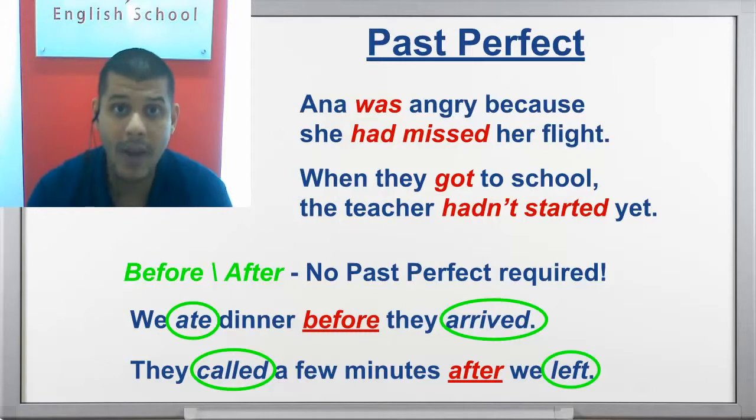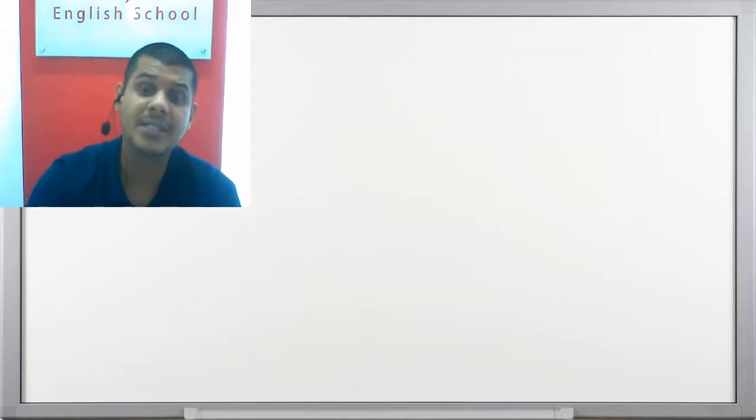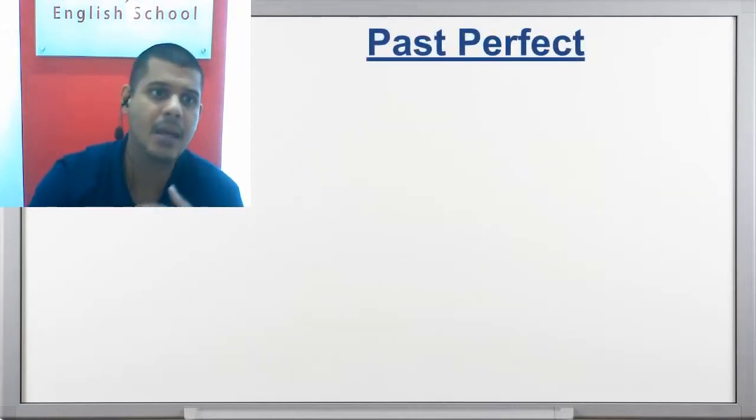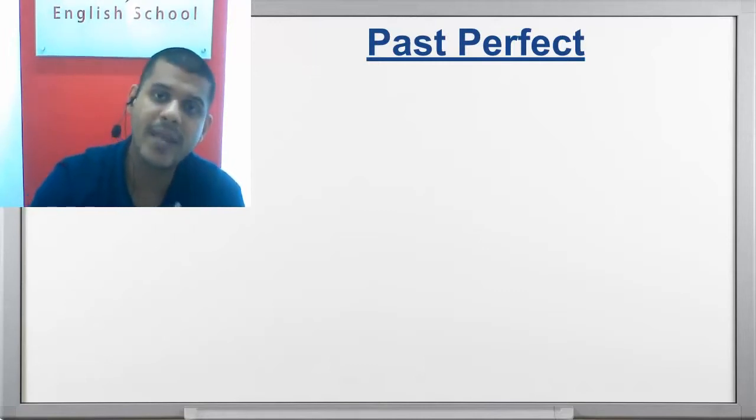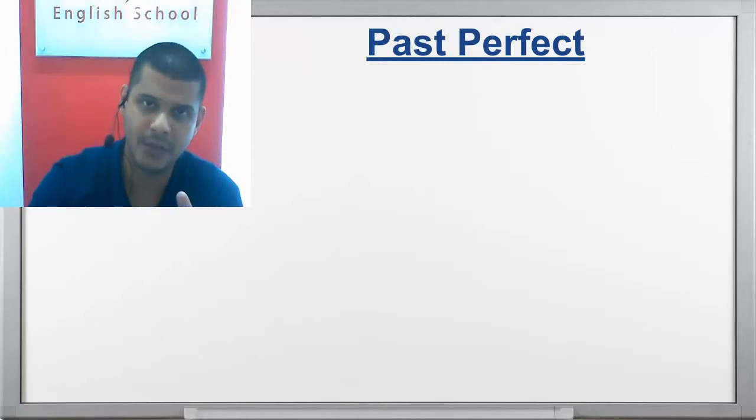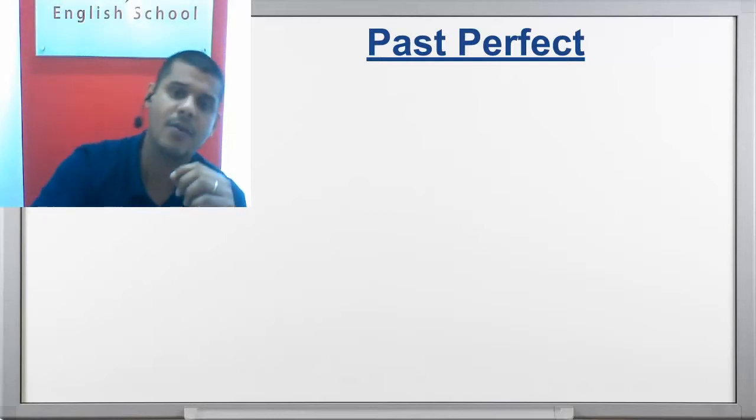Alright? So remember, when I use before and after, it's not necessary to use the past perfect. It's not an obligation, right? Okay? So, now to finish, I'm going to give you some more common and usual words and expressions that we use when we create sentences using the past perfect, right? So pay attention to the sentences and the expressions I have here, right?